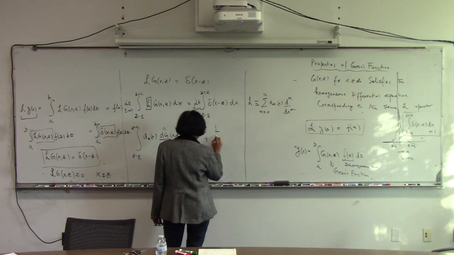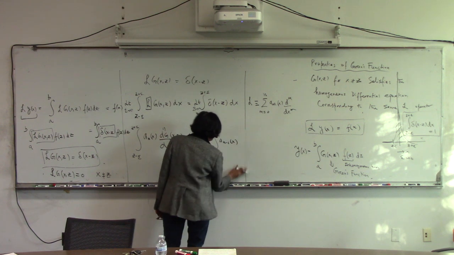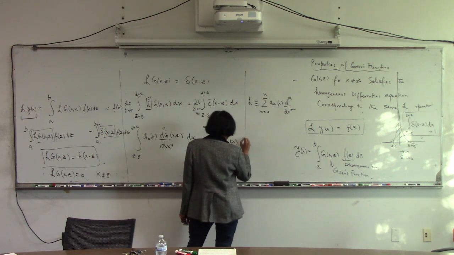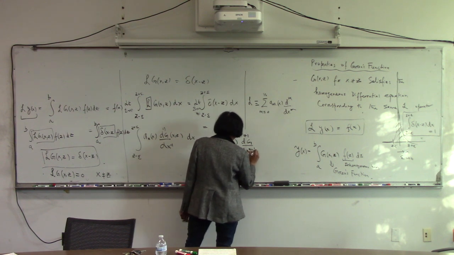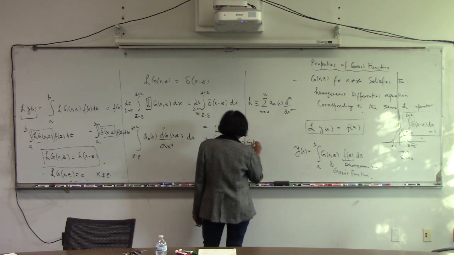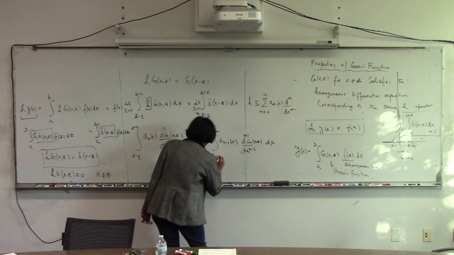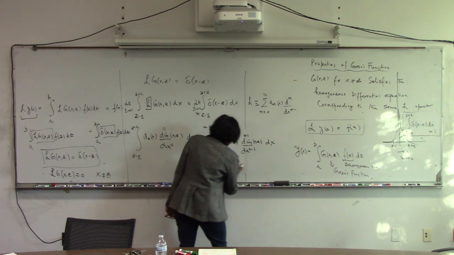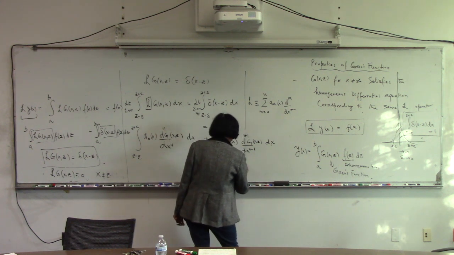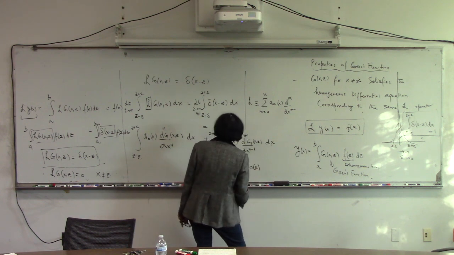Plus, it'll be like that. I'll just write a few things and you can predict something from there. The n minus 1 derivative of g with respect to x, of x, z, dx, from z minus epsilon to z plus epsilon. Then a_0(x), perhaps.